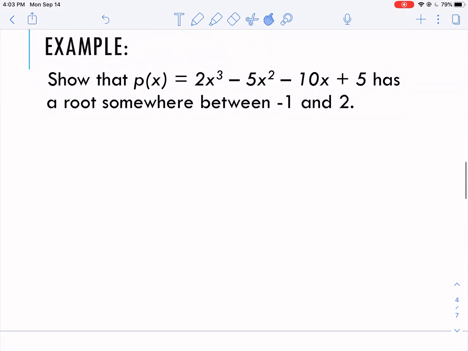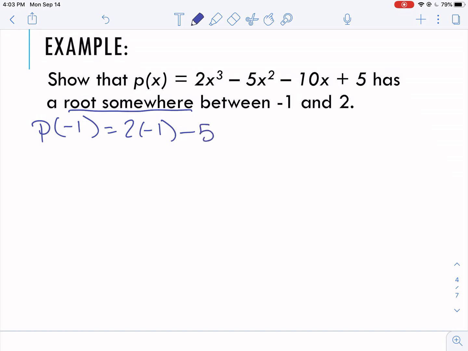So if I were to apply this, let's think of an example. Show that p of x has a root somewhere between -1 and 2. If I input -1 into this function, I get the positive value of 18, so p of -1 is 18.